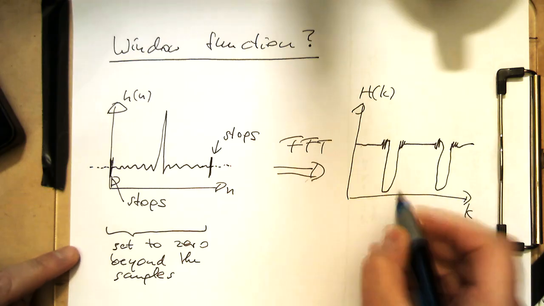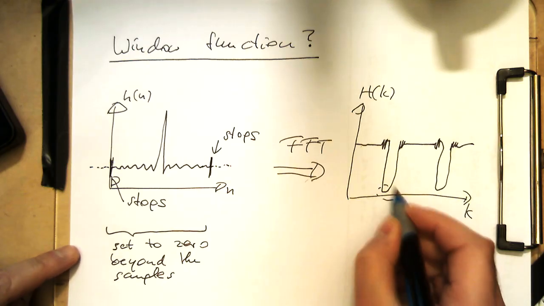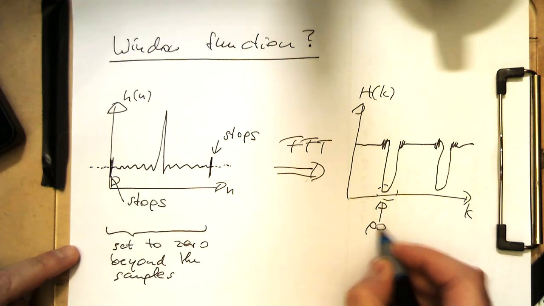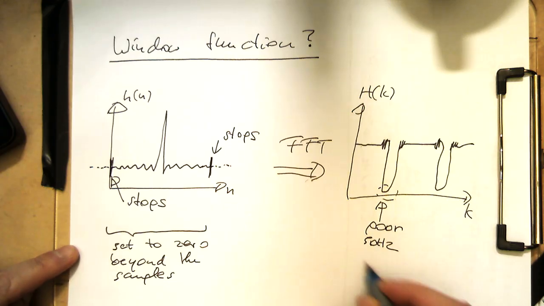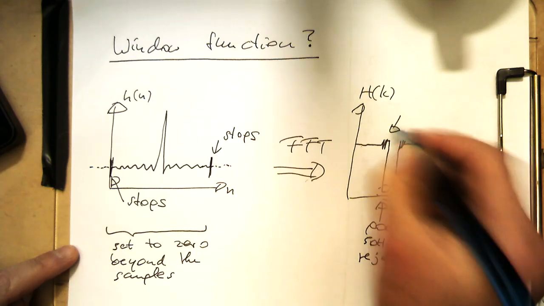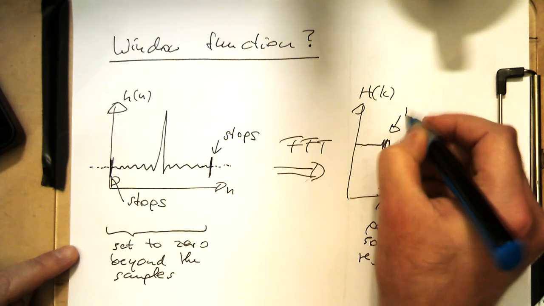And so here we have a poor 50 Hertz rejection, and here we have ripples.